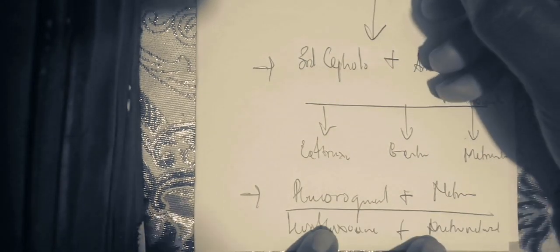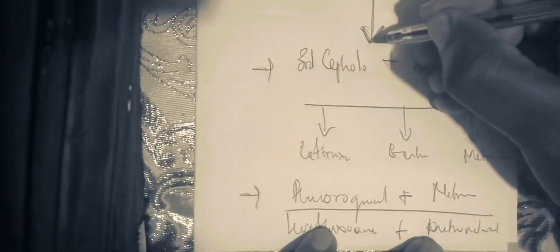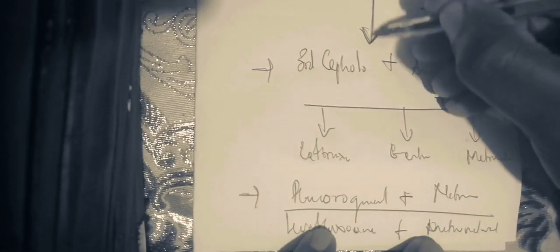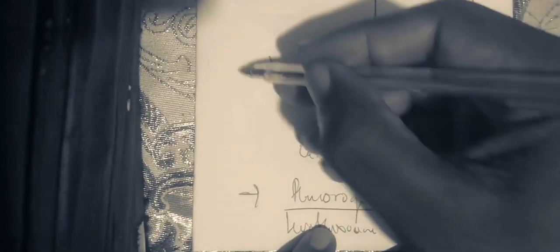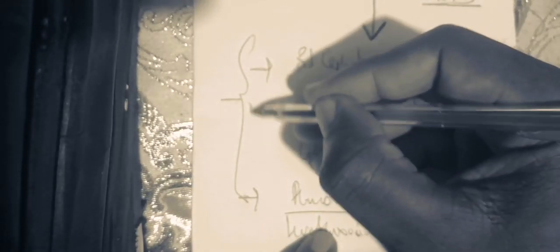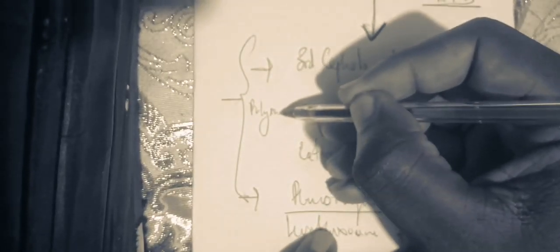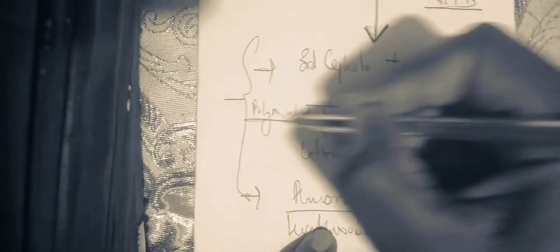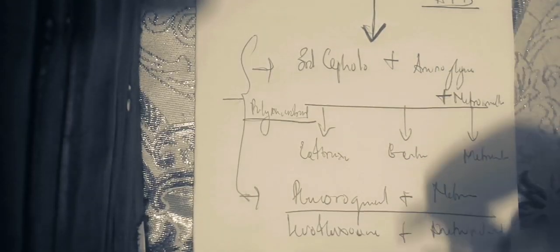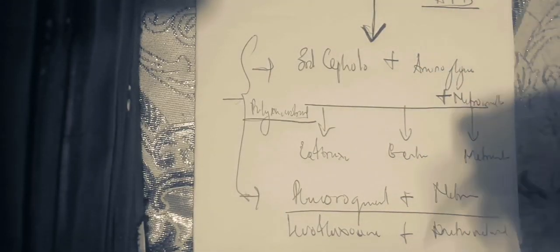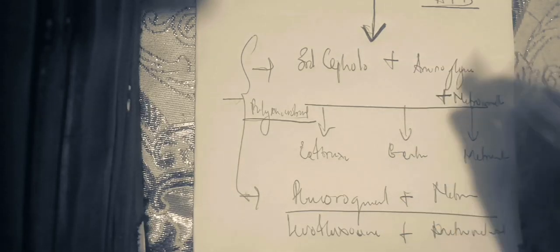Is it clear? You do this type of empiric antibiotic therapy when you have a polymicrobial infection. Is it clear? When you have a polymicrobial infection in front of you, this is how you do the empiric antibiotic therapy. Is it clear?